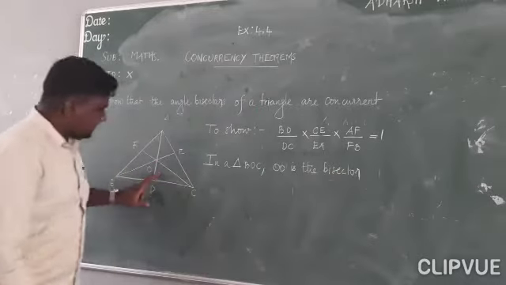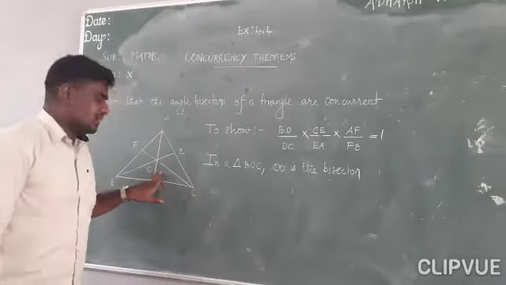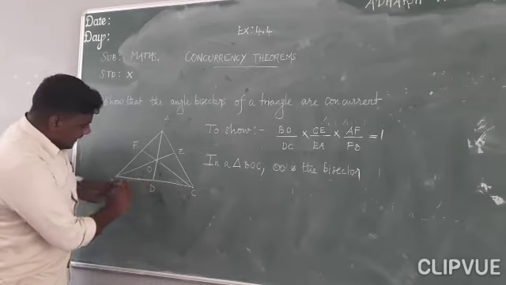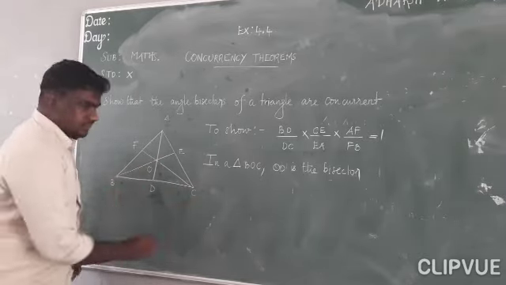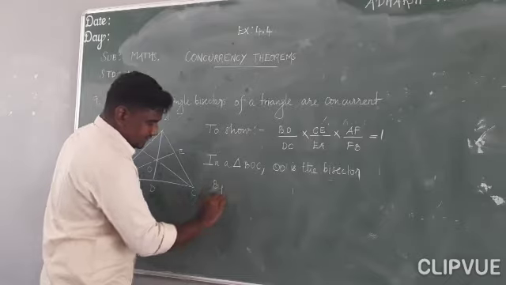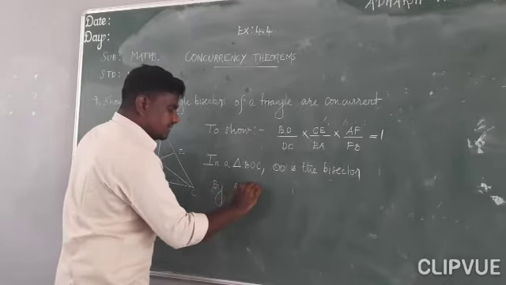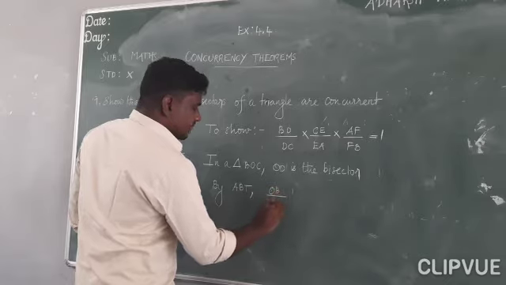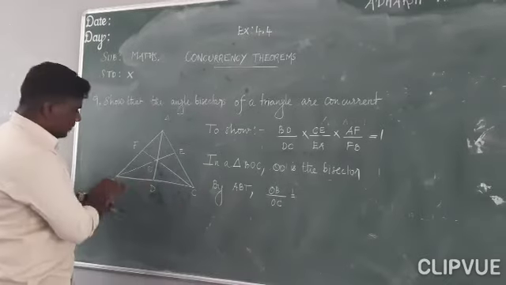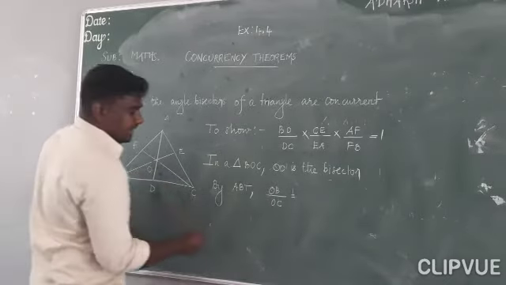If OD is the bisector, then using the angle bisector theorem, BD by DC equals OB by OC. So OB by OC is equal to BD by DC.